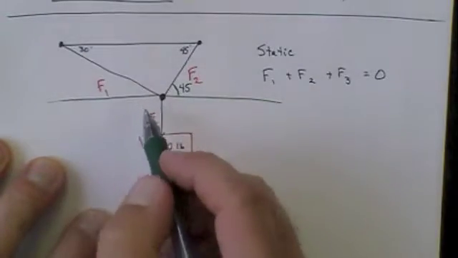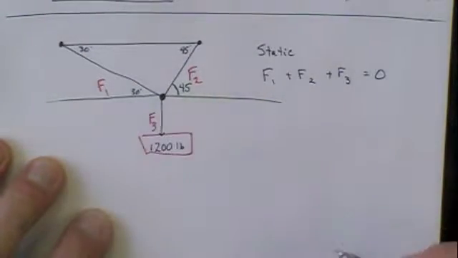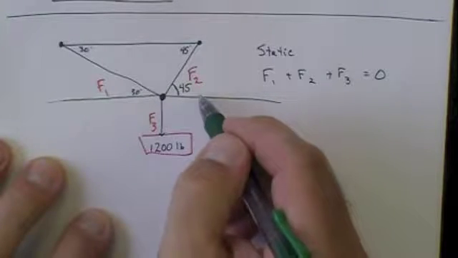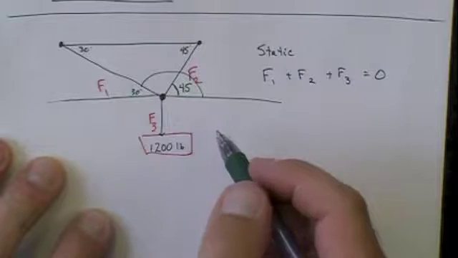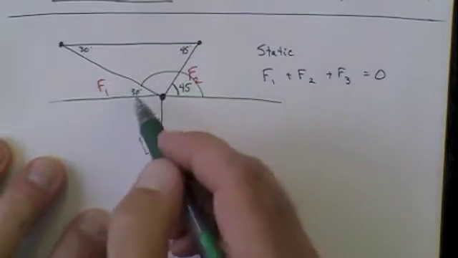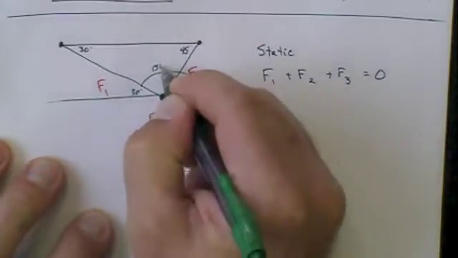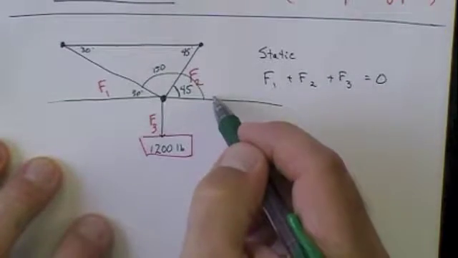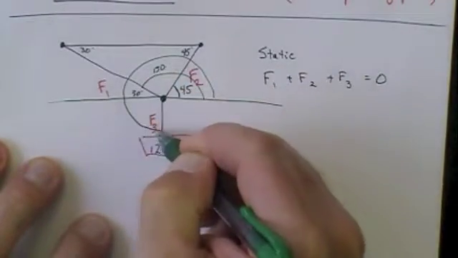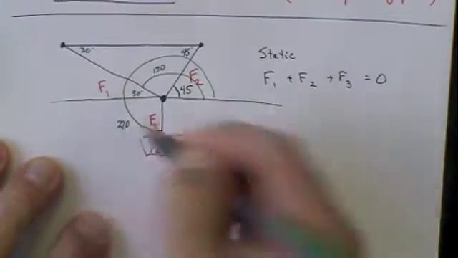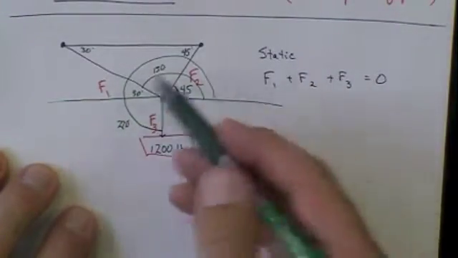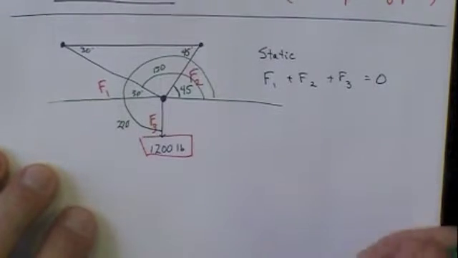We would also have alternate interior angles over here giving us 30 degrees. So then the angle coming all the way across to here would have to be 150 degrees since this is 30. And then our angle coming all the way around to force 3, which is going straight down, would have to be 270 degrees. So we're measuring from the x-axis, same way we have with everything else.